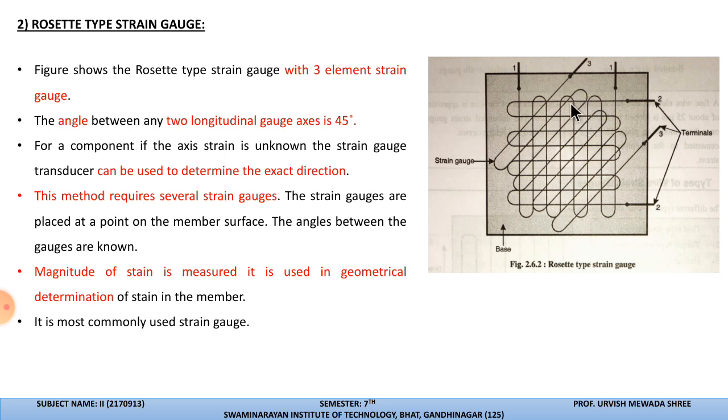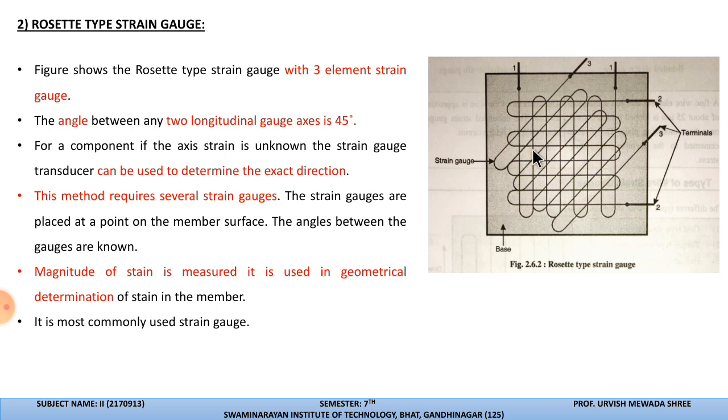It is a predefined, pre-decided angle between the gauges, and the magnitude of the strain that is measured is used in the geometrical determination of the strain in the member, meaning the strain or stress we applied on this surface.